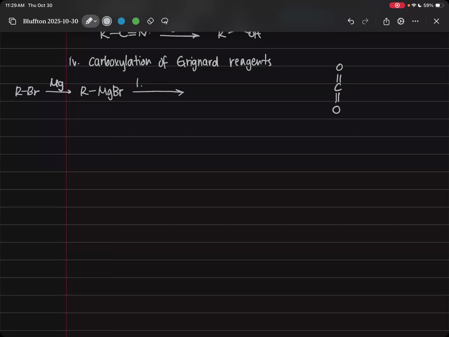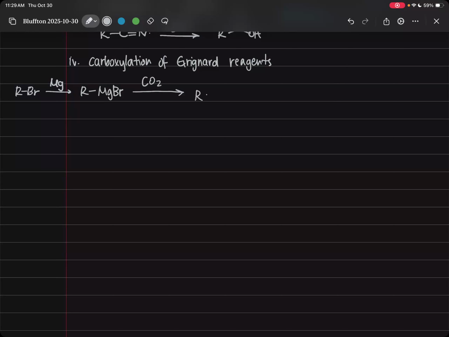Carbon dioxide. Yeah. So we can actually use carbon dioxide as an electrophile in the Grignard reaction, just like it's a ketone or an aldehyde, because in some ways it kind of is. It's still got that CO double bond. So we'll use CO2, and I'm going to draw this out sort of stepwise here.